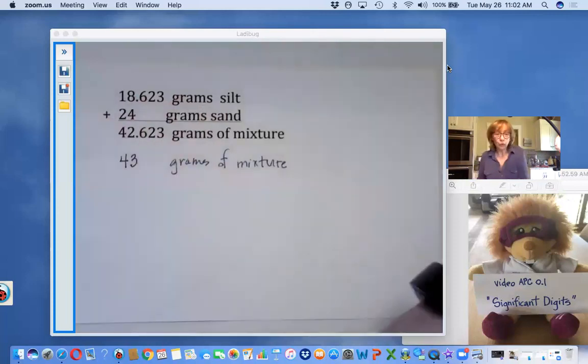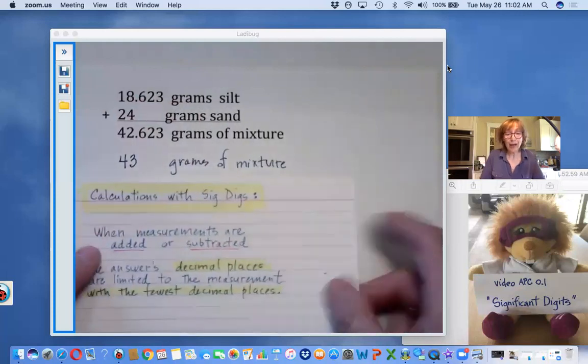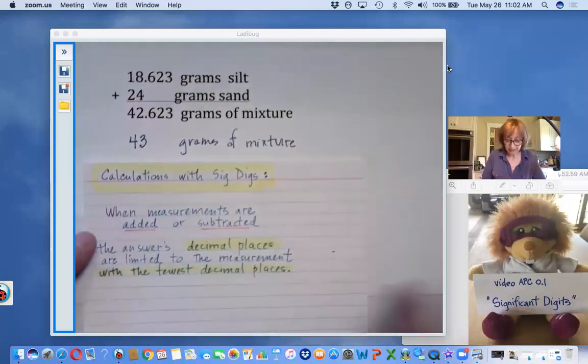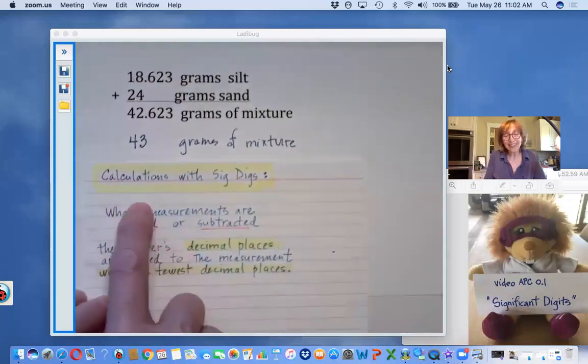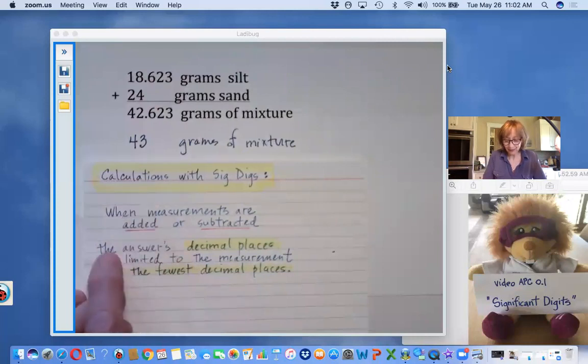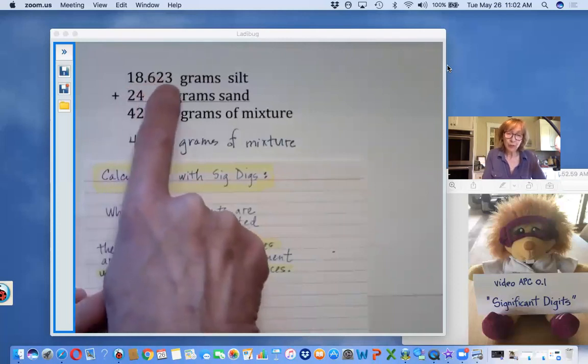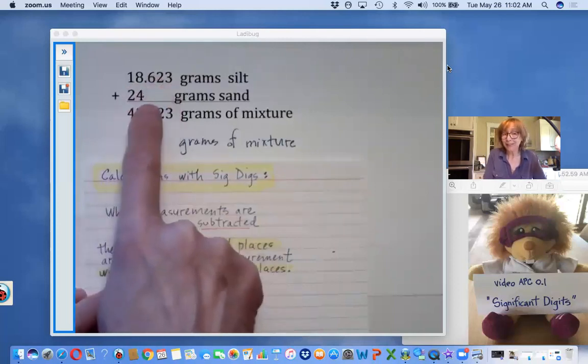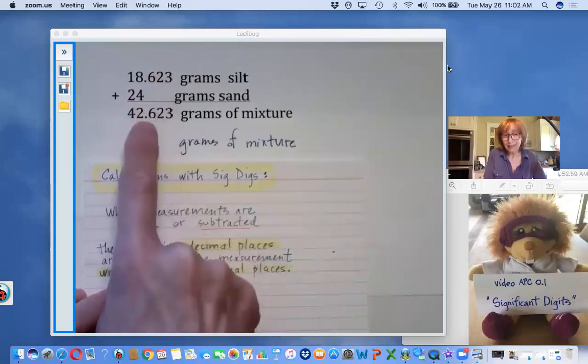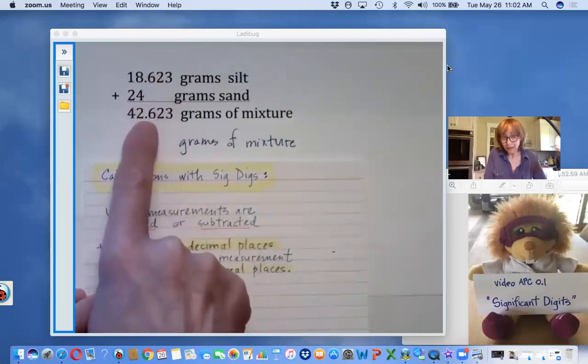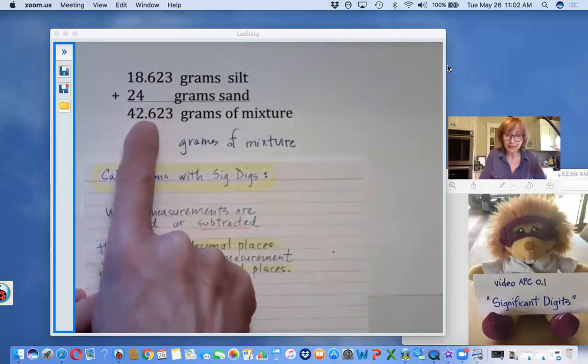So our rules when we're adding or subtracting tell us, don't look at the SIGDIGs, but instead look at the decimal places. This first number has 3 decimal places, but our second number has 0, which means our final answer has to be limited to 0 decimal places.